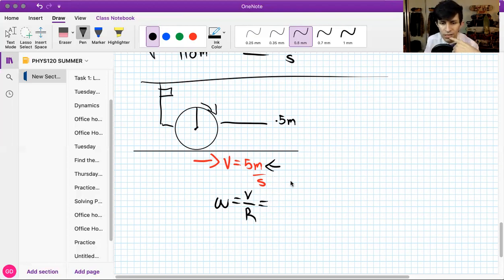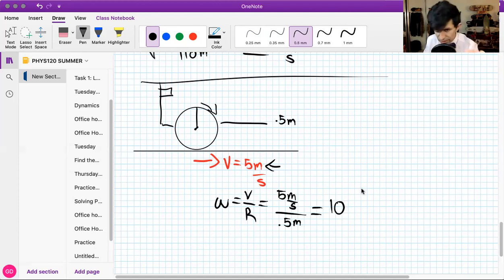And so velocity is 5 meters per second divided by the radius, which is 0.5 meters. And so if we plug this into our calculator, I'm just trying to do the mental math, it would be 10.